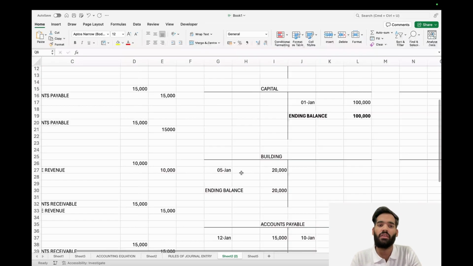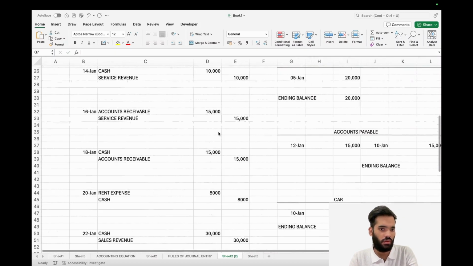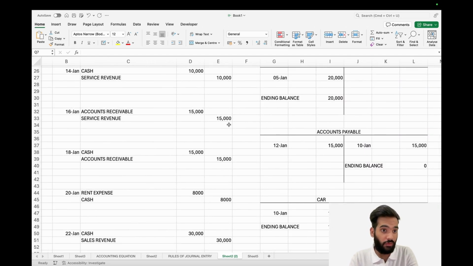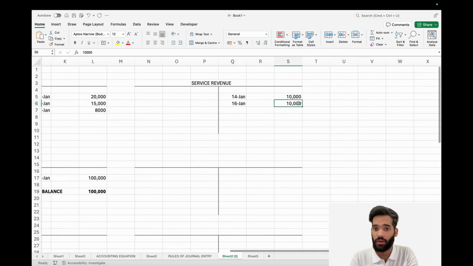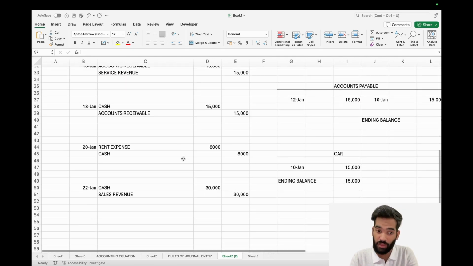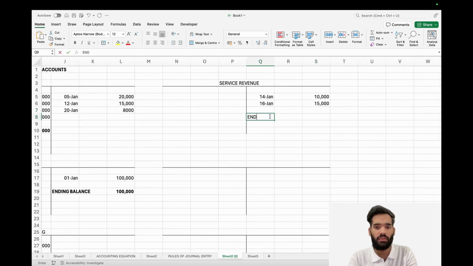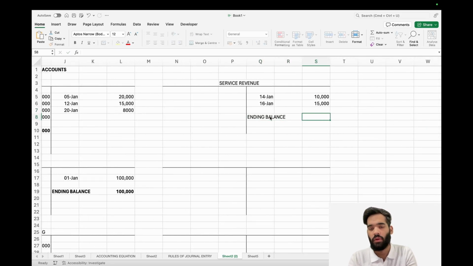Again, 15,000 credit, 16th of January. Oh, sorry, it's 15,000, not 10,000. Let me write 15,000. Any other service revenue? No, we have sales revenue, but not the service revenue. So let's do the ending balance of service revenue, which is 25,000, of course.